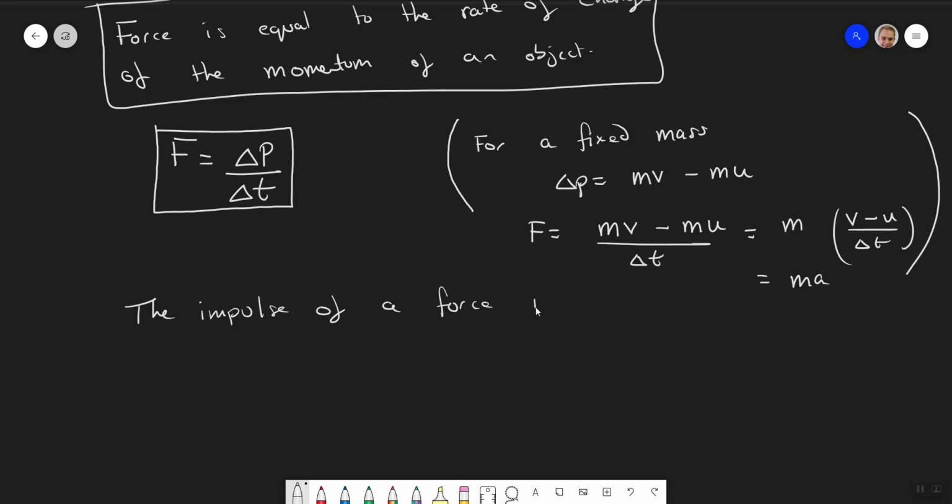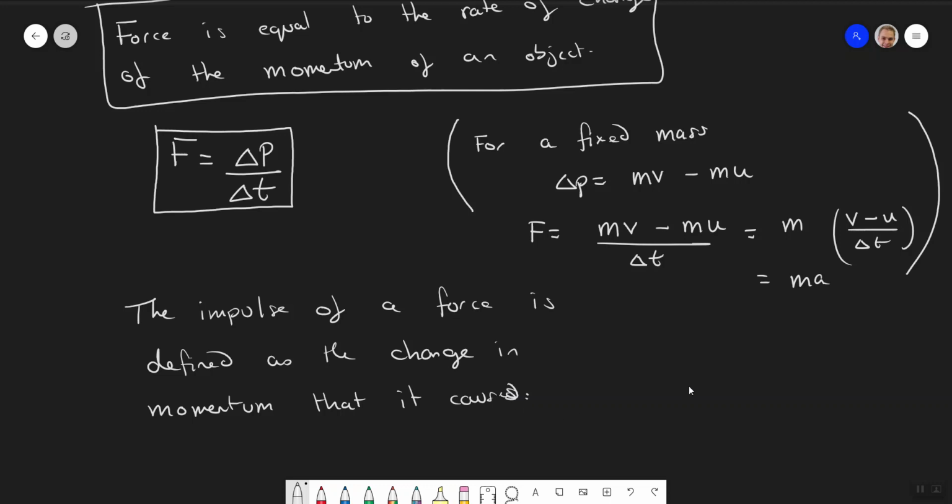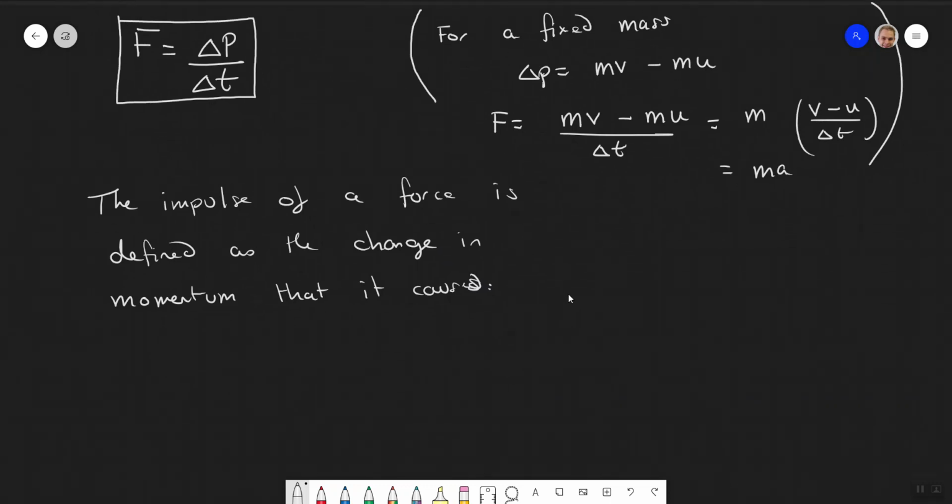The impulse of a force is defined as the change in momentum that it causes. Good. So it's going to cause a change in momentum.